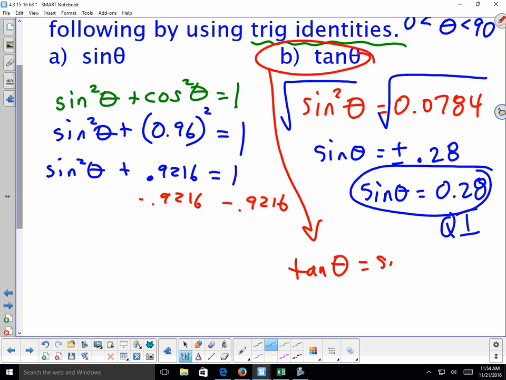Okay, tangent equals sine theta over cosine of theta, and we know that the sine of theta is 0.28, and we know that the cosine of theta is, what was it? 0.96, was that right? Calculators, what do you get then for the value of tangent of theta?